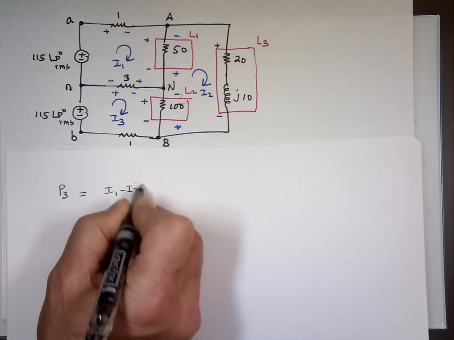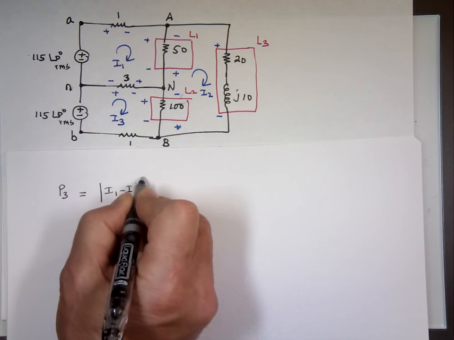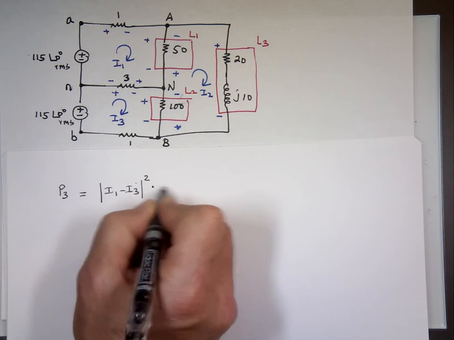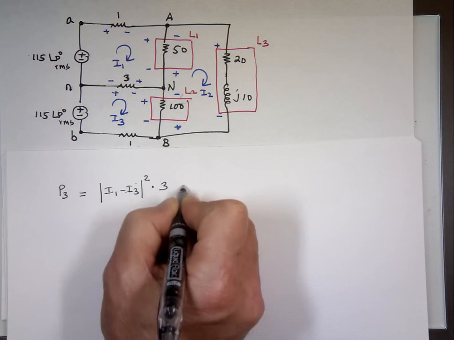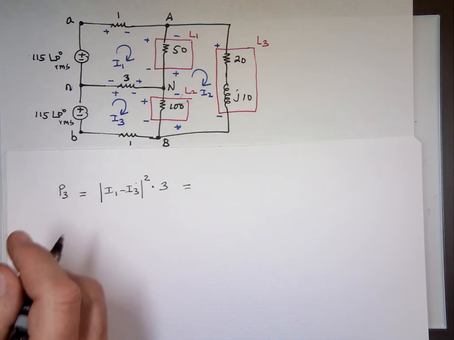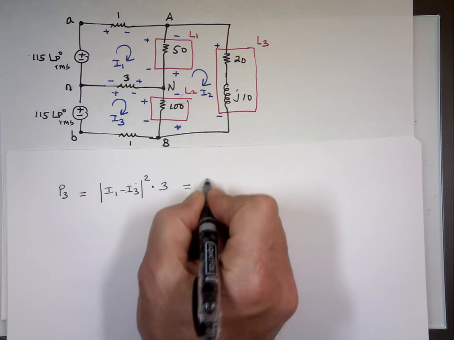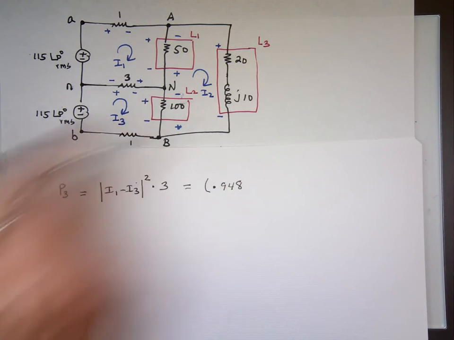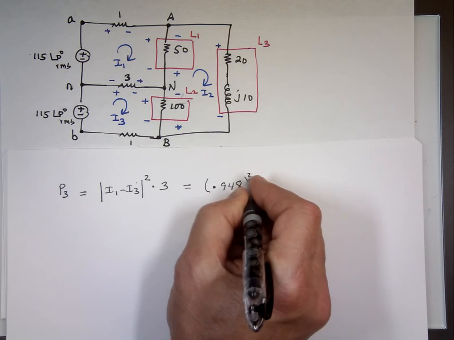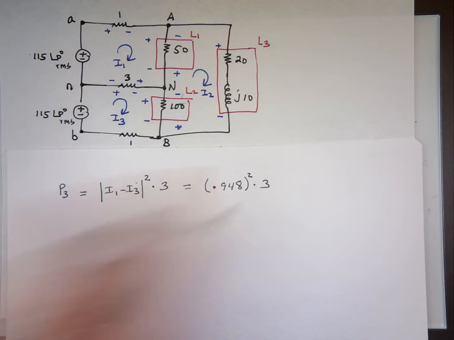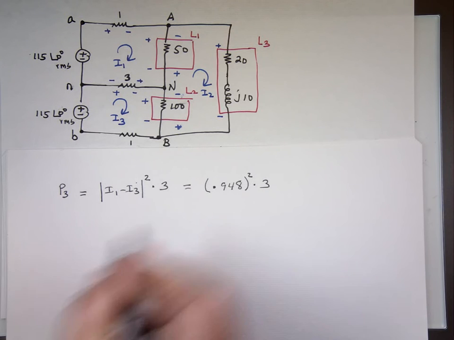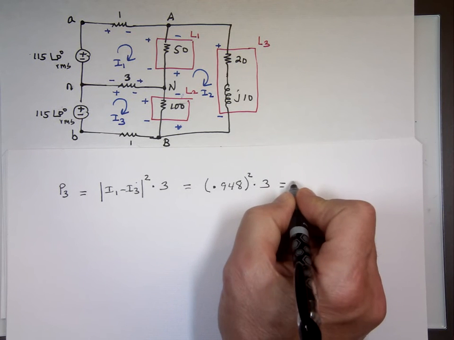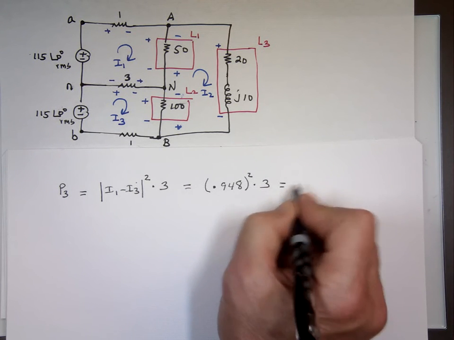We take the magnitude of that and square it, then multiply by the resistor, which is 3. The value of that current, when you subtract them, is 0.948. Square that times 3. It is 2.69, how about 2.7? We'll go 3 watts.